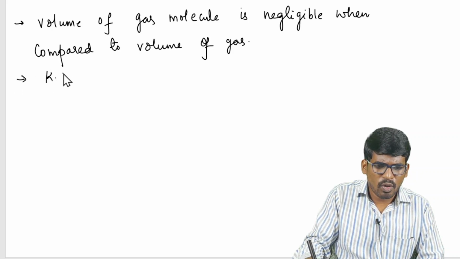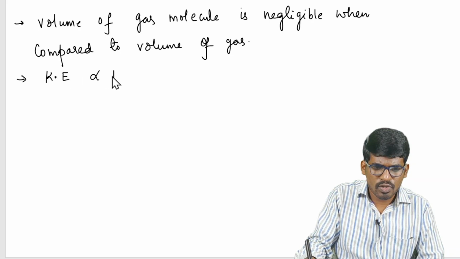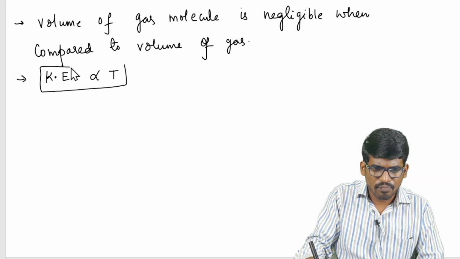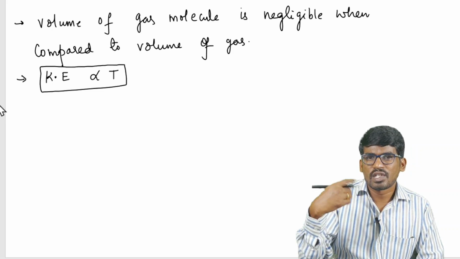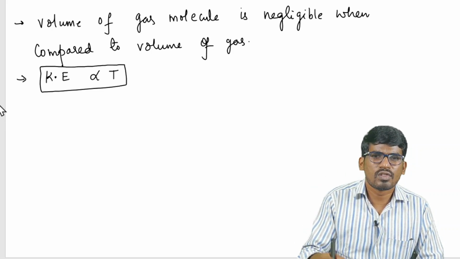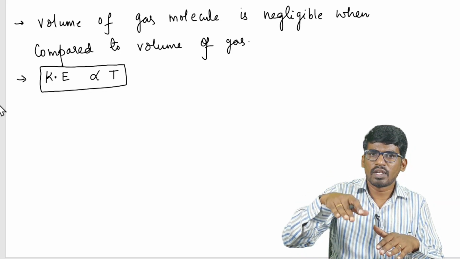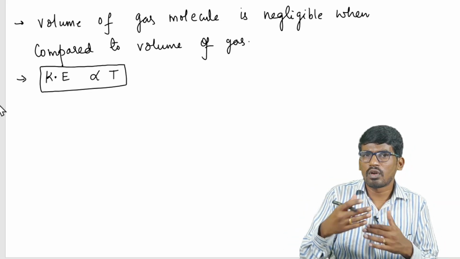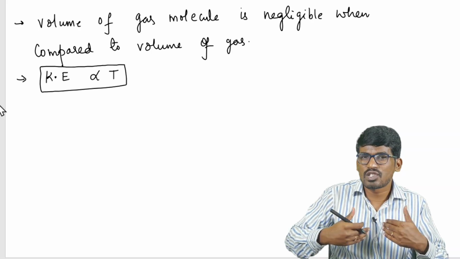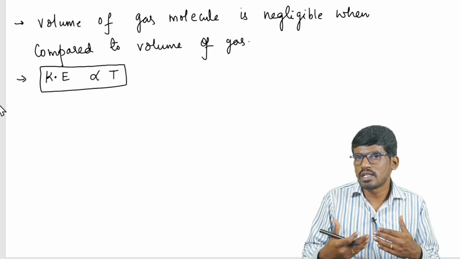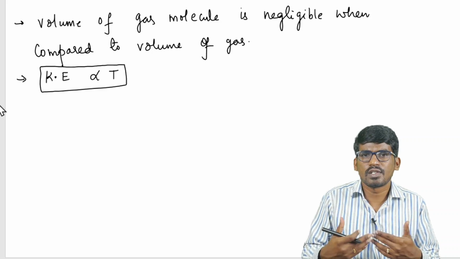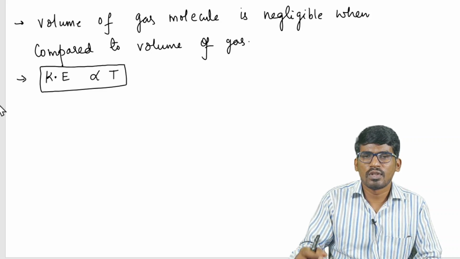And another important postulate: kinetic energy of the gas molecule is directly proportional to absolute temperature. As temperature increases, kinetic energy of the molecules also increases. So as the temperature is increasing, that means more and more gas molecules start to move. Whenever motion is there, obviously kinetic energy is more, and the number of collisions is also more.